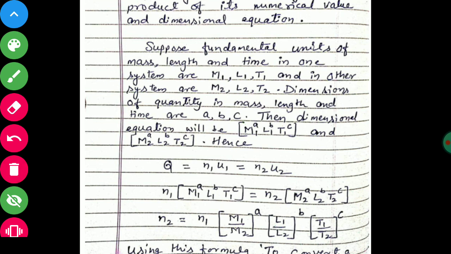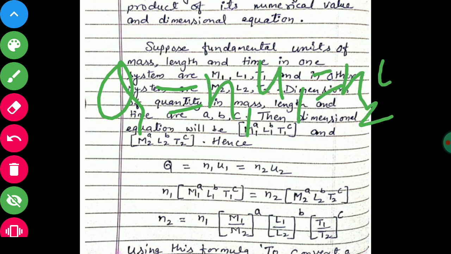Then the dimensional equation in the first system will be M1 raised to power A, L1 raised to power B and T1 raised to power C. And in the second system it would be M2 raised to power A, L2 raised to power B, T2 raised to power C. Hence a physical quantity Q is equal to n1 u1 is equal to n2 u2.